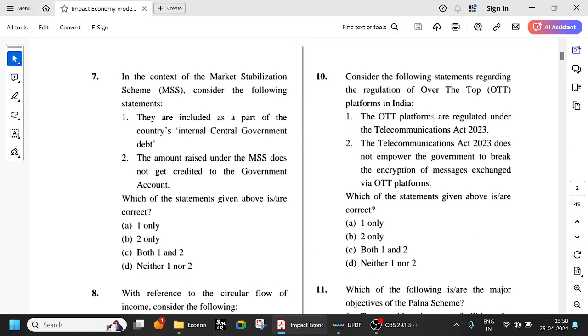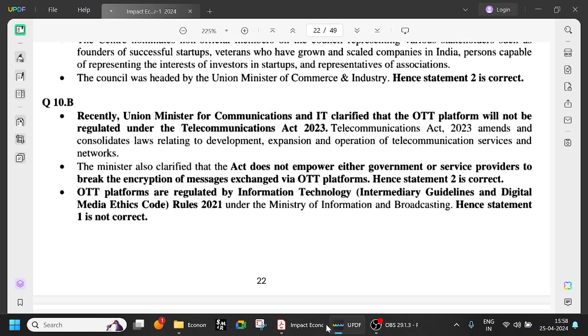So consider the following statements regarding the regulation of OTT platforms. Recently, the Union Minister for Communications and IT clarified that OTT platforms will not be regulated under the Telecommunications Act. The Telecommunications Act 2023 amends and consolidates laws relating to the development, expansion, and operation of telecommunication services and networks.